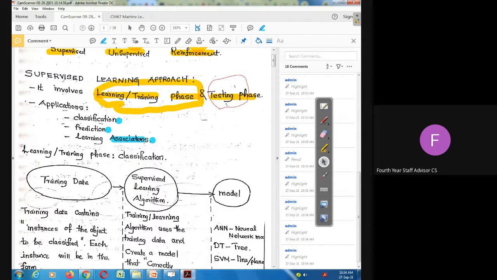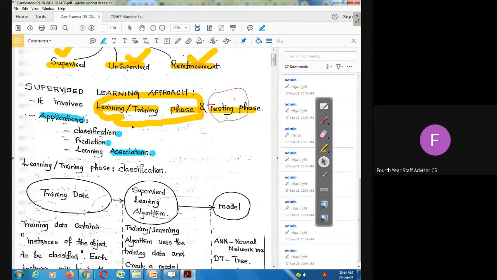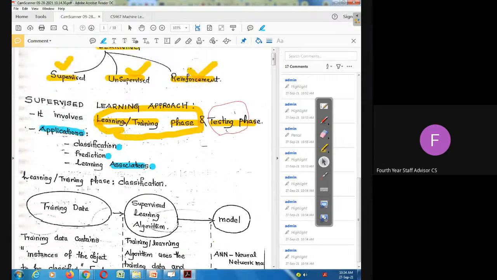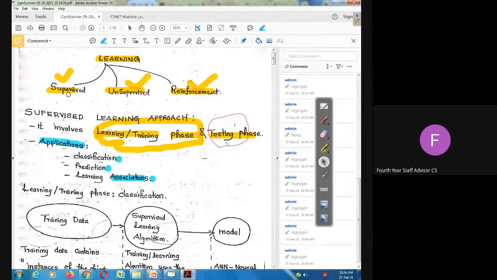So to solve these types of applications, which type of algorithm will we use? Supervised learning algorithm. Already I told you there are three types of learning: supervised, unsupervised, and reinforcement. What does supervised mean?